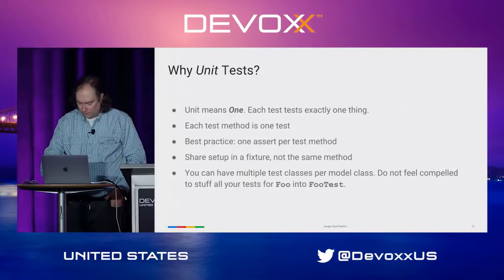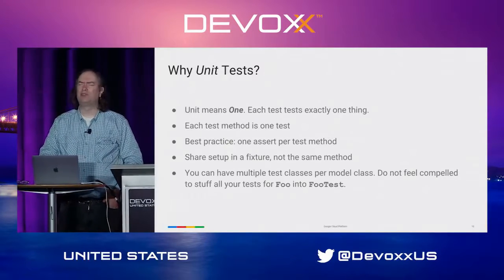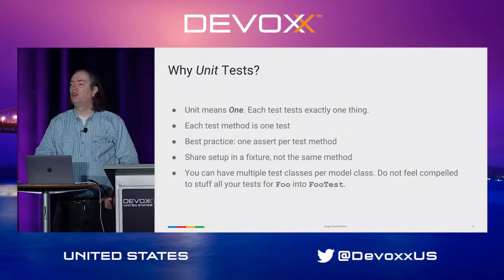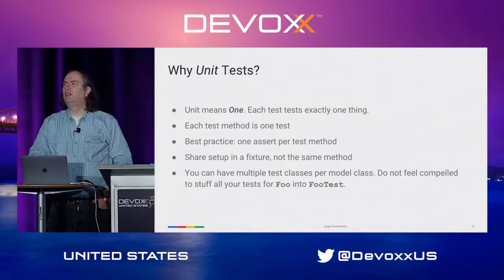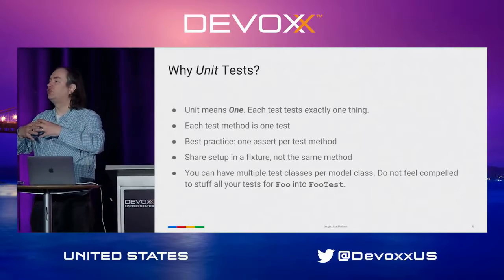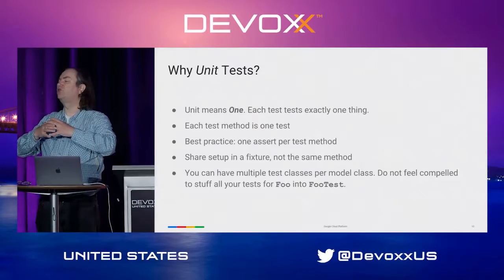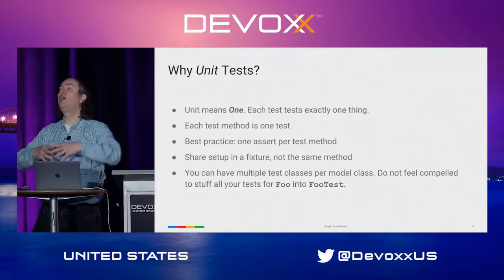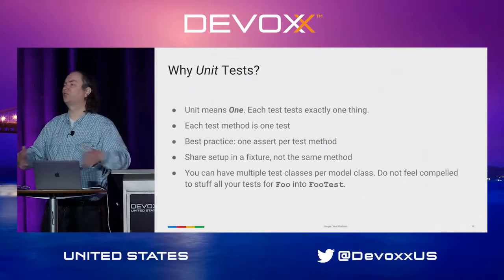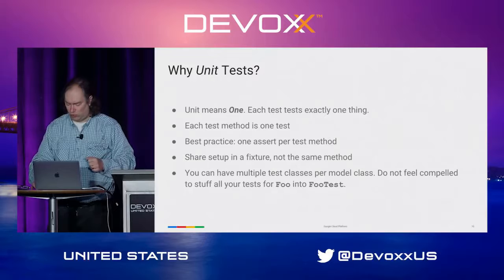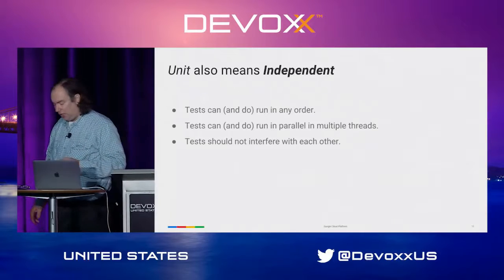So in a lot of code bases, we see not enough test classes. We see too much crammed into a single test class, and that means that you've got a lot of setup code in each class that only applies to half your tests in the class, a quarter of the tests in the class, one test in the class.